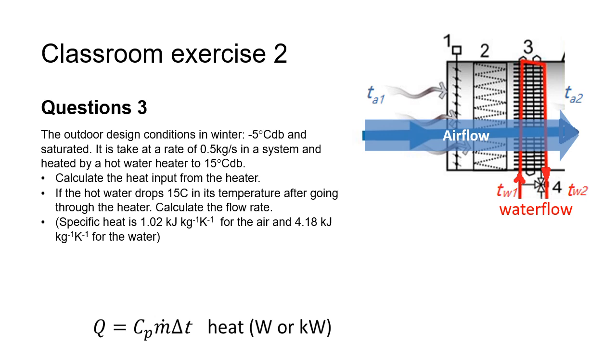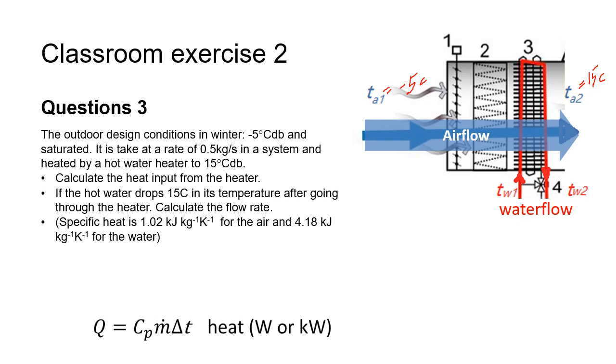Okay, and now the air raised temperature from -5 to 15 degrees dry bulb. So you can see TA1 equals -5 C, and TA2 is 15 C. Okay, so you can see the temperature increase, and the flow rate is 0.5.